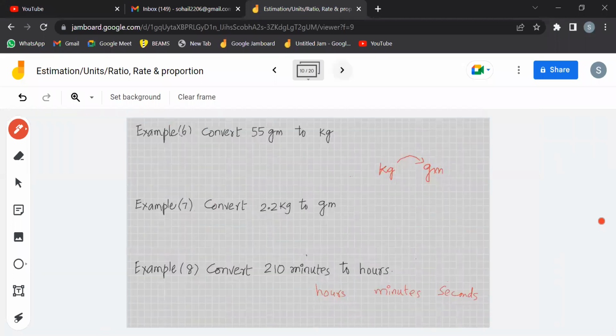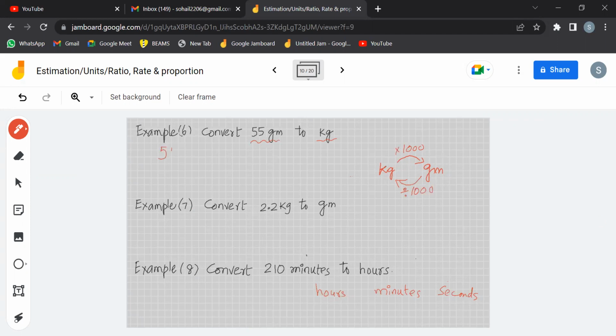So simple. Example number 6, from grams to kg. From grams to kilogram, you know, it is 1000. You just go in reverse: from smaller to bigger, divide.